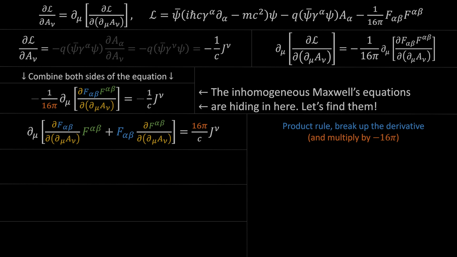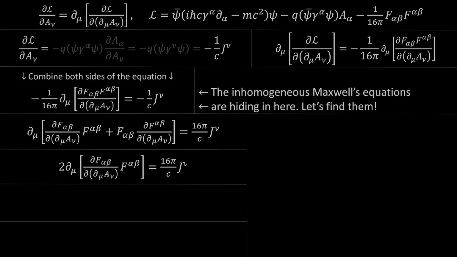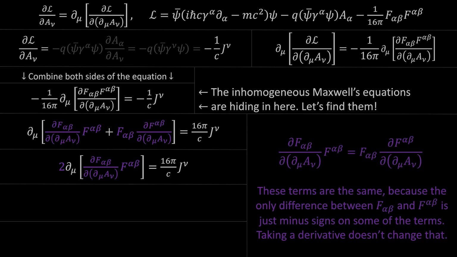And okay, so what should we do next? Well, if you look at these two terms, the derivative of the F times F, and the F times the derivative of the F, these two terms actually look kind of like the same thing, right? I mean, one of them is derivative of downstairs times upstairs, and one of them is downstairs times derivative of upstairs. But as it turns out, these actually are identical. The reason being that the only difference between the downstairs and the upstairs, that is the covariant and the contravariant, is just the minus sign on some of the terms.